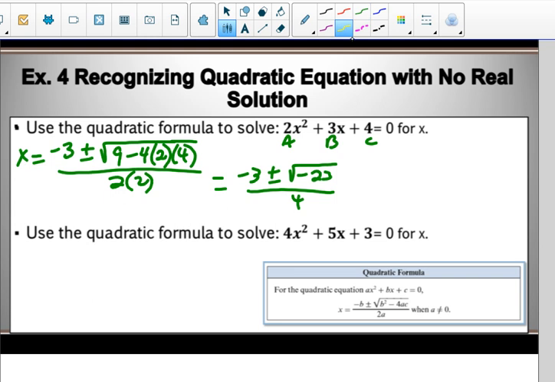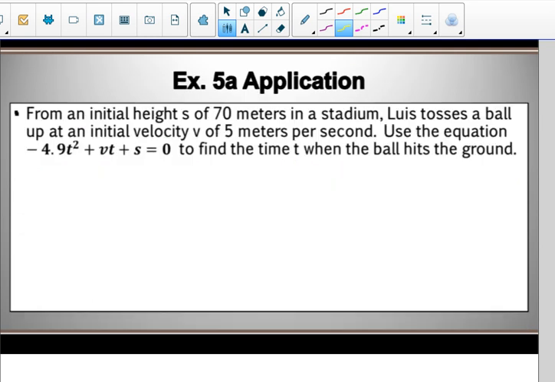Because I have a negative number as my radicand, you can never find the square root of a negative number. So that's why this is no solution. You can't even go any further than that. So if you find a negative as a radicand, it's always going to be no solution. You may work on the next one yourself.